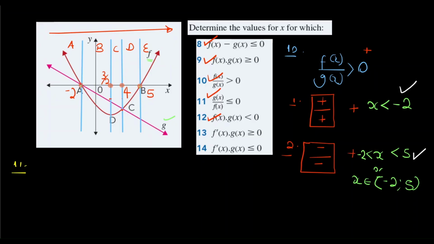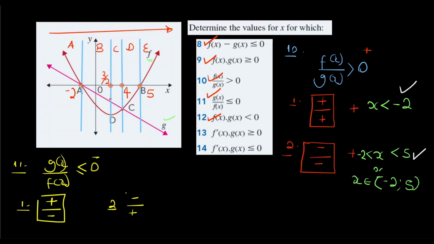Number 11, we're asked where is g of x divided by f of x less than or equals to 0, okay, meaning including. We have really scenarios as well. For us to get a negative, we have two possibilities. One graph needs to be positive divided by negative, and the second scenario, one graph needs to be negative divided by positive.